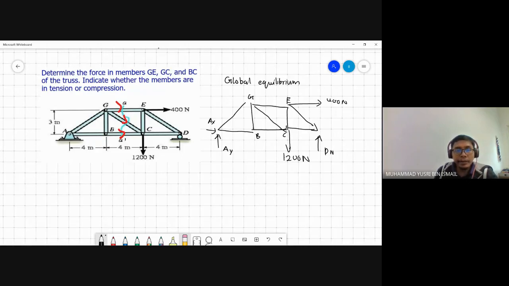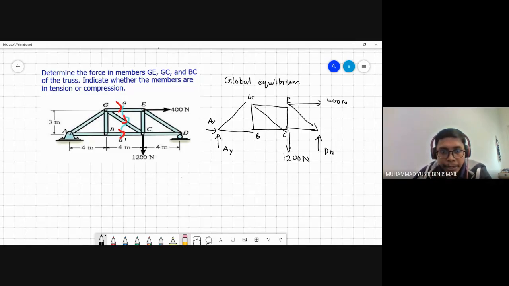How can we determine the support reaction? For example, if you want to start your calculation at the right hand side, you need to determine DN.